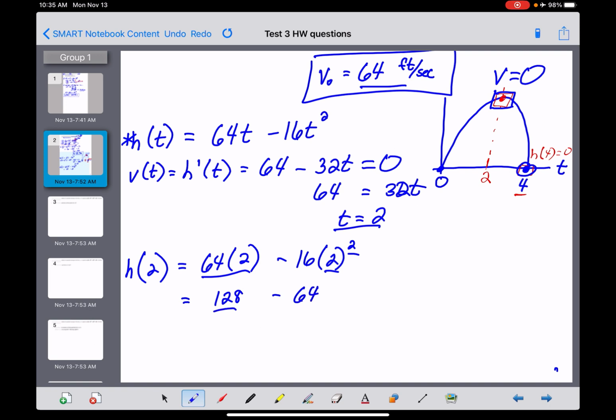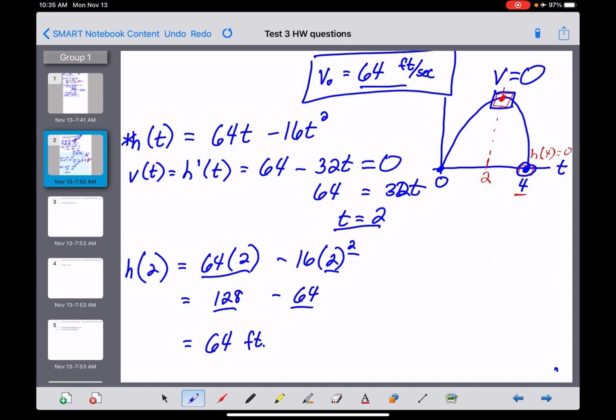What do you notice about these two terms, guys? That 64 is exactly half of 128. That will happen at the apex, the peak, the vertex of any quadratic function, of any parabola. So 128 minus 64 is going to get us 64 feet now for the maximum height of that particular object.